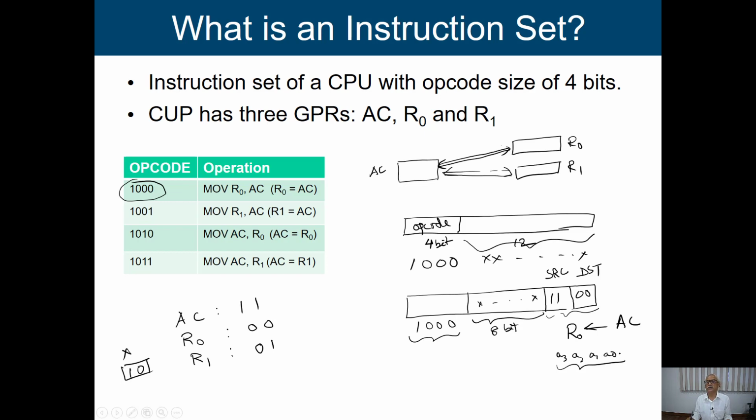So these 4 bits we are going to check, and accordingly we are going to find out the source and destination. Now you just see, I am using only one opcode to perform this move operation. Then the remaining bit combinations or opcodes can be used to design some other instructions.